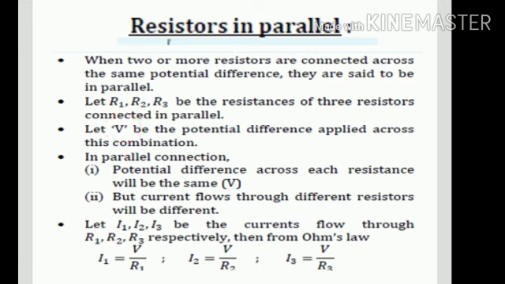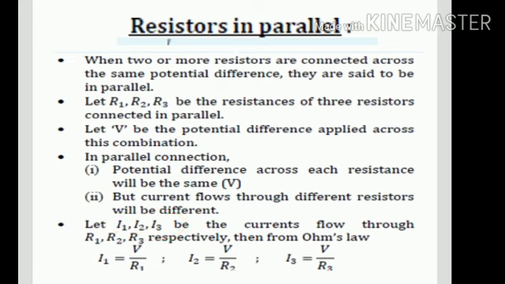Let V be the potential difference applied across this combination. In parallel connection, the potential difference across each resistance will be the same, which is represented by the capital letter V. But the current flowing through the different resistors will be different. Let I1, I2, I3 be the currents flowing through the resistors R1, R2, R3 respectively.